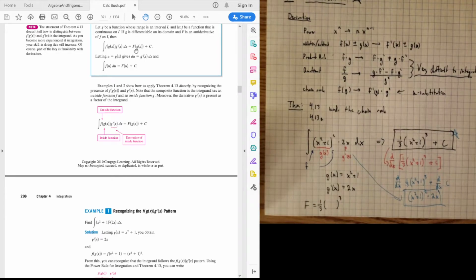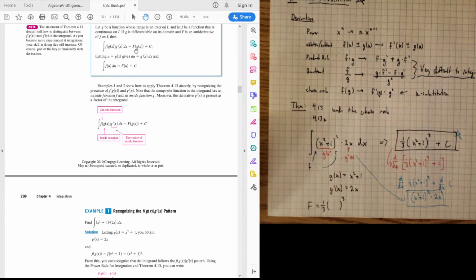So all I can tell you is it's going to take some practice. And that's what I plan on doing for the next few minutes, is just practicing this process, because this is not easy. Once you get this thing down, though, you will be leaps and bounds above anybody who doesn't have it. Because if you can look at a problem and be like, oh, use substitution, I can do this, step, step, step, step, done, Theorem 413 is easy.